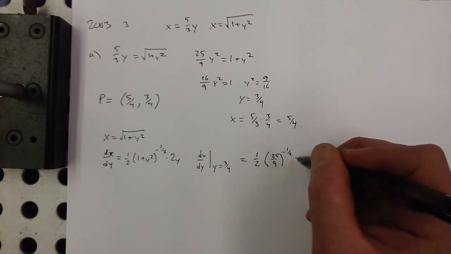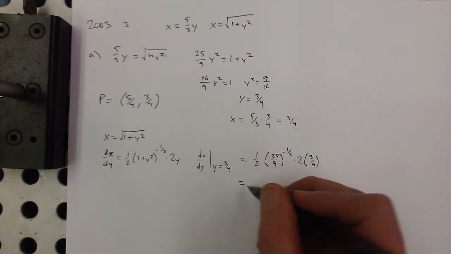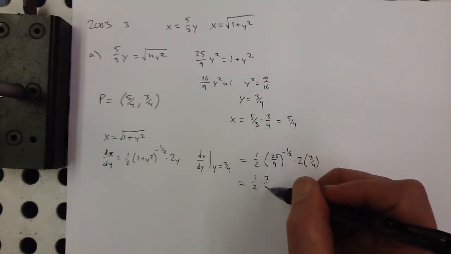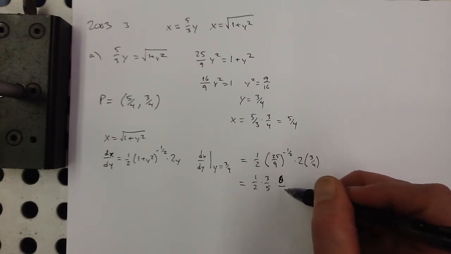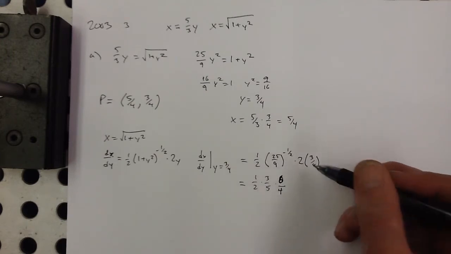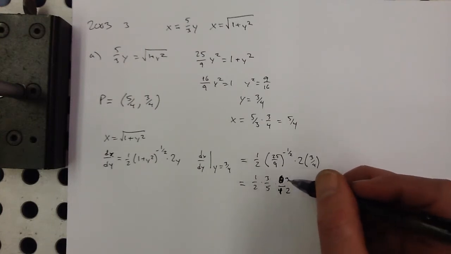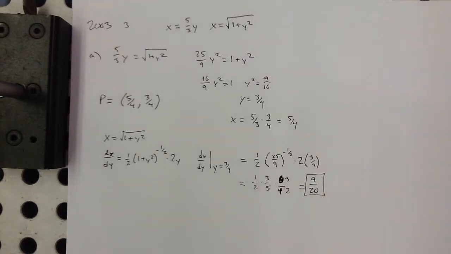The negative 1/2 times 2y, I think I made it through that all right, and the negative flips it over, and the square root makes it 3/5, so I've got 1/2 times 3/5 times 3 over 2, so that's 9/20. Let me check the rubric and see if that's right. Nope. No, it's not.